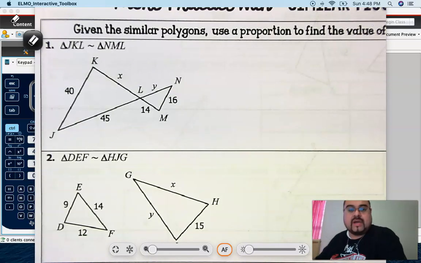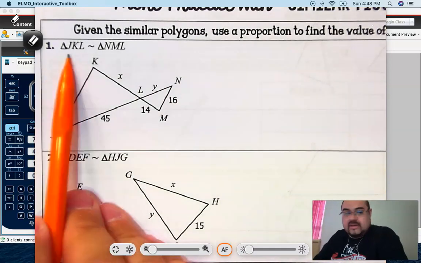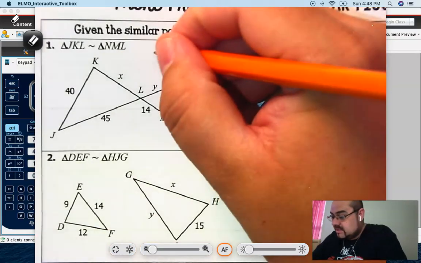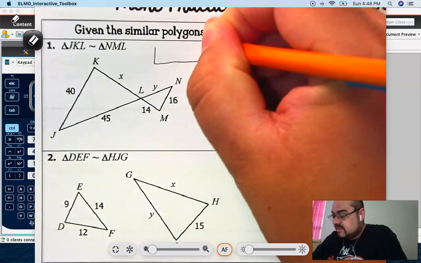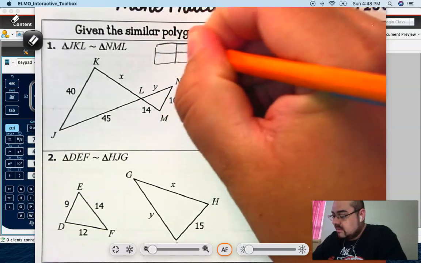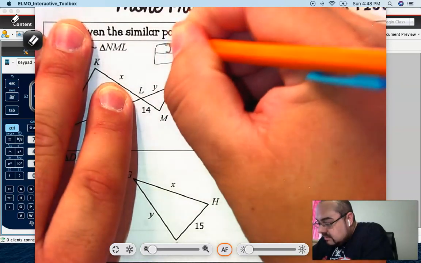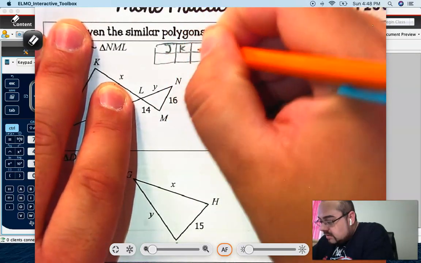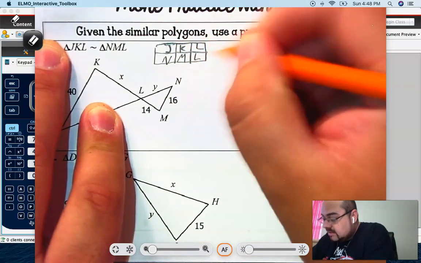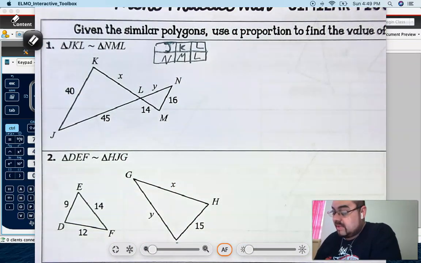Okay, so I'm going to go ahead and work with the x first, all right? Now that I have my statement here, I'm going to go ahead and write that down in the grid, because that's just going to help make my life a little bit easier. JKL is going to go up here, and NML is going to go down here. All right. So now I'm going to start setting up my proportions.